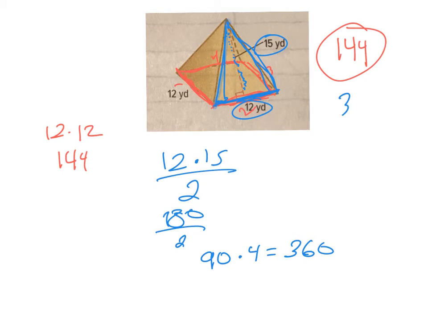And the base is 144. So now let's add those up. 144 plus 360. That gets me a grand total of 540, and it's yards, and because it's surface area, it's squared. Okay.